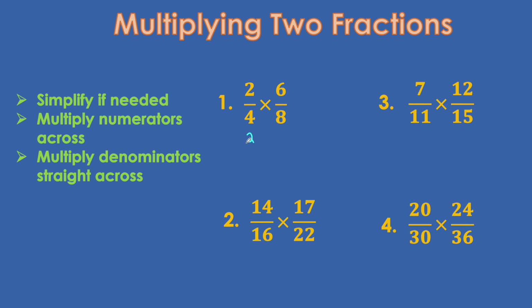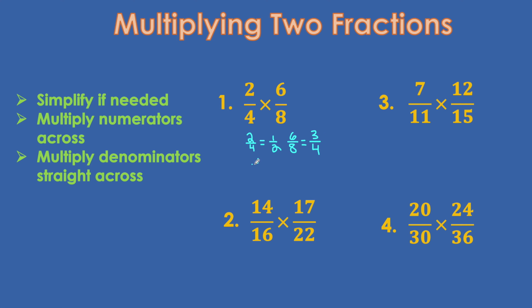Since we can, 2/4 can be simplified to 1/2. 6/8 can be simplified to 3/4. So then we just multiply this fraction with this fraction.